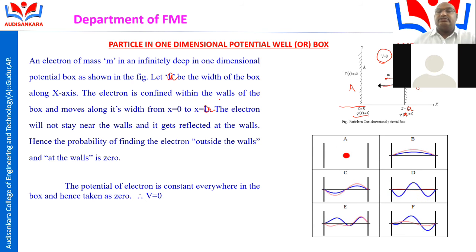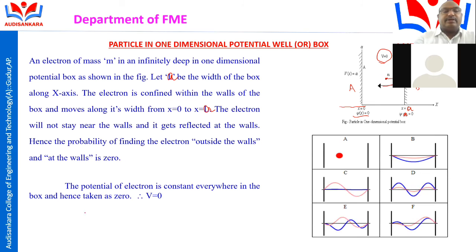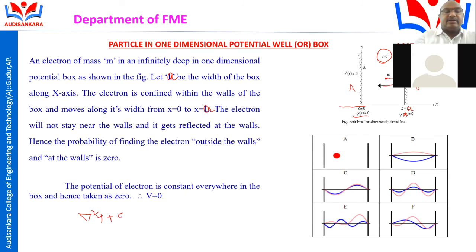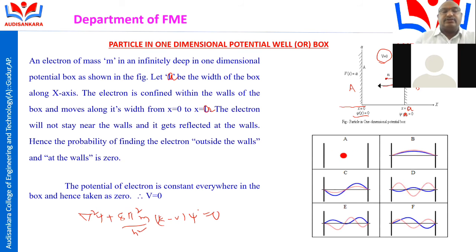So V is equal to 0 means it is a free particle. And according to Schrodinger's time independent equation, del square psi plus 8 pi square m by h square, E minus V into psi is equal to 0.